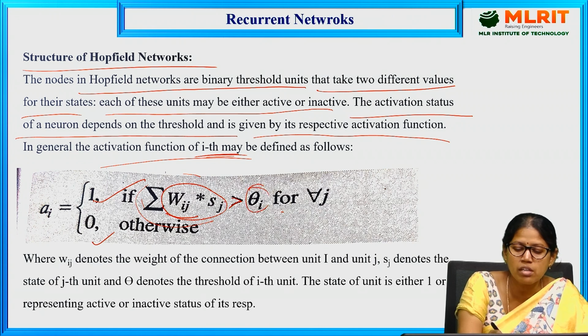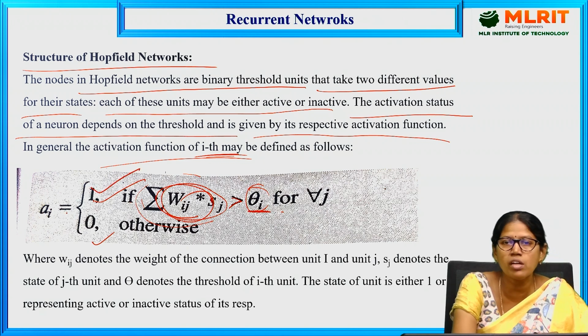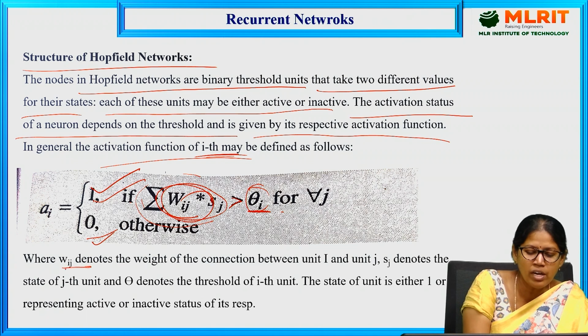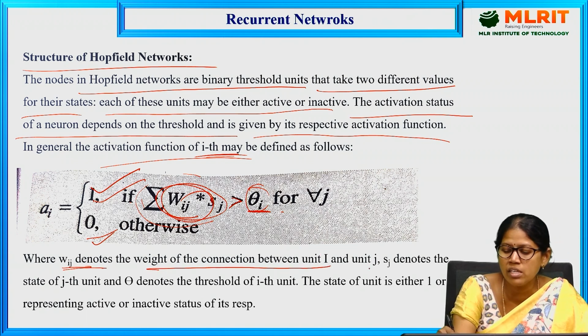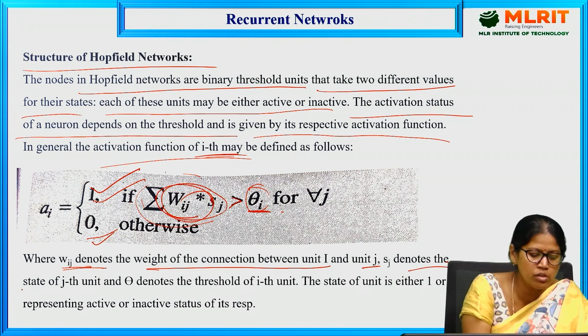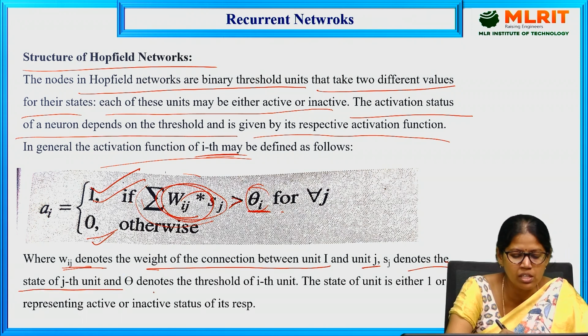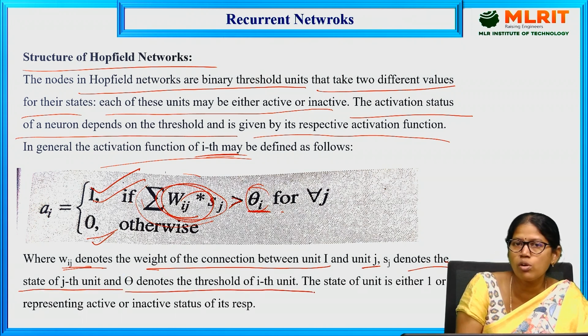If that weighted sum value is greater than the specific threshold value, then that neuron is active, otherwise it will be inactive. Where Wij denotes the weight of the connection between unit i and unit j, Sj denotes the state of the jth unit, and theta denotes the threshold of the ith unit.